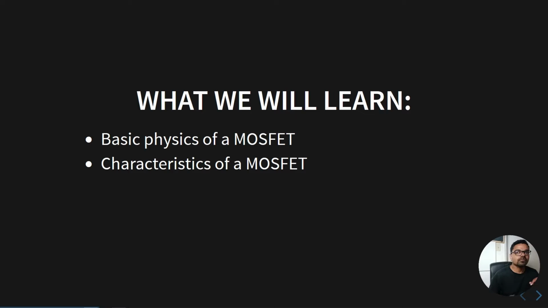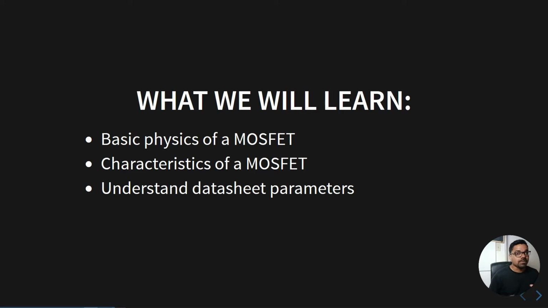We'll talk about the characteristics of a MOSFET, what makes a MOSFET different from other transistors that are out there, like IGBT, BJT, or silicon controlled rectifiers like SCRs. We'll try to understand datasheet parameters. For the MOSFET that you've selected, there are a lot of parameters that the manufacturer provides.